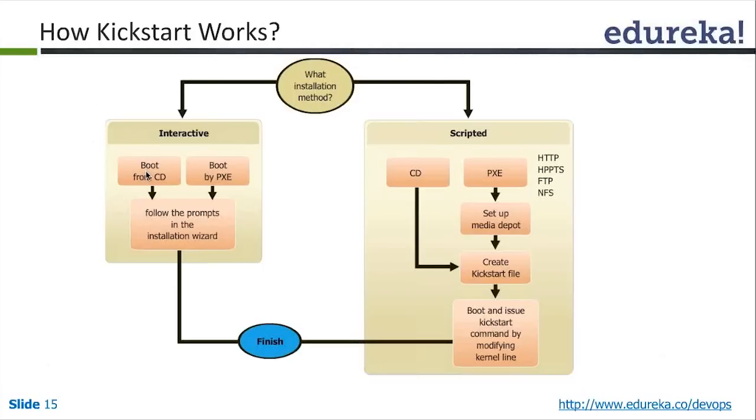How does this differ from the general CD-ROM? In a general CD-ROM method of installation, you need to keep giving answers to all those prompts which occur during the install. Instead of that, we can just give a Kickstart file, give a CD-ROM, and it pulls up the Kickstart file and does an automatic installation.